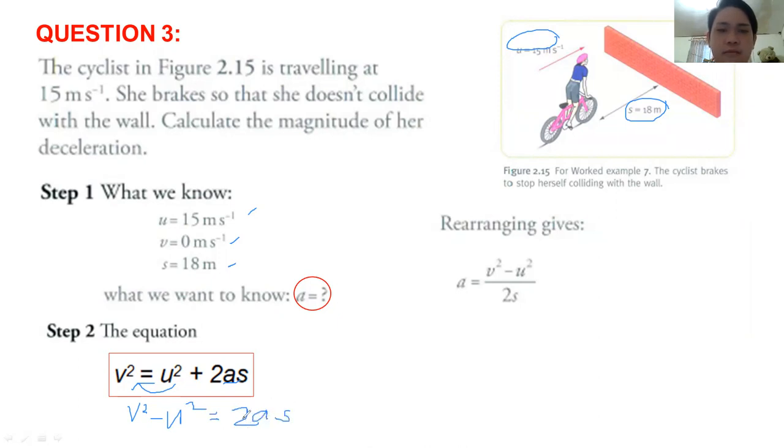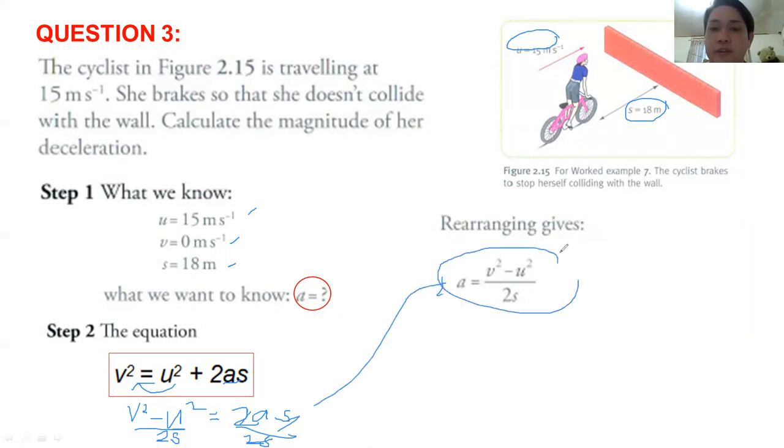Then divide both sides by 2S because we are looking for your A, or acceleration. So then cancel this one. Then by rearranging, that gives you A equals V squared minus U squared all over 2S to find your deceleration.